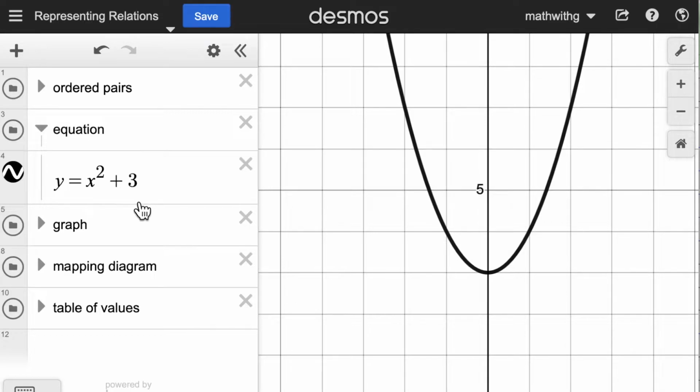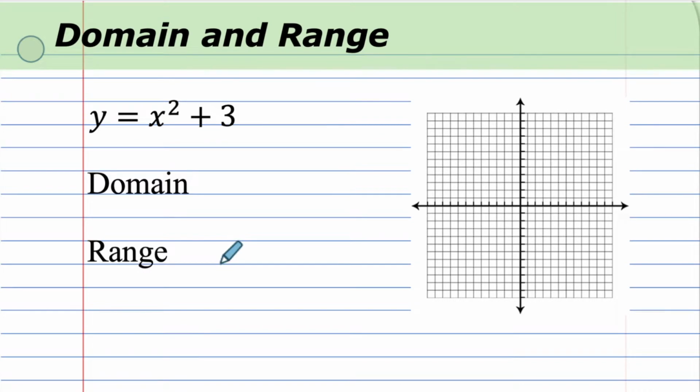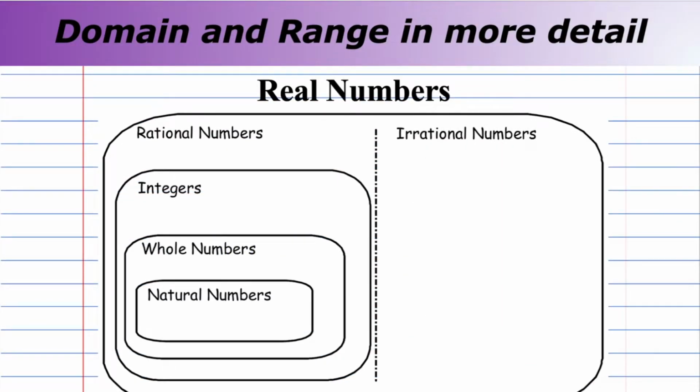All of the y values are bigger than or equal to 3. I want to write out the range first, the y values. All of the y values are bigger than or equal to 3. Now it's important because that line was a continuous line from 3. We need to be precise in writing out the range. And how we do that is we say y is an element of the reals. Remember this picture? The real numbers includes everything.